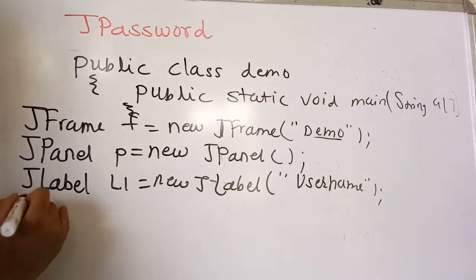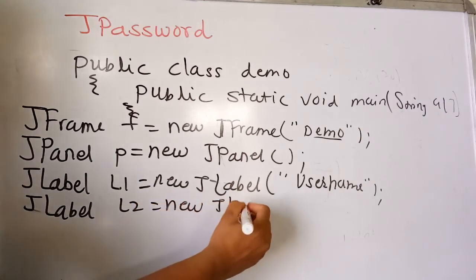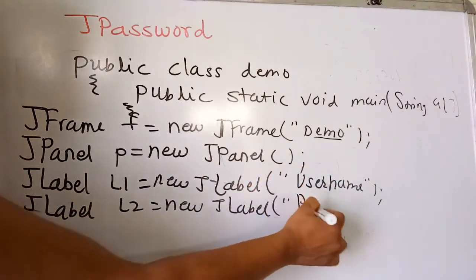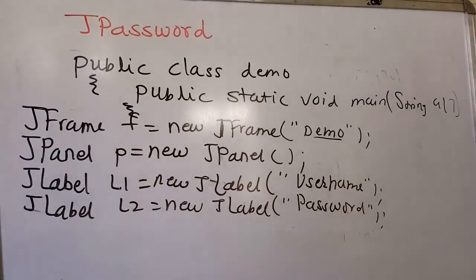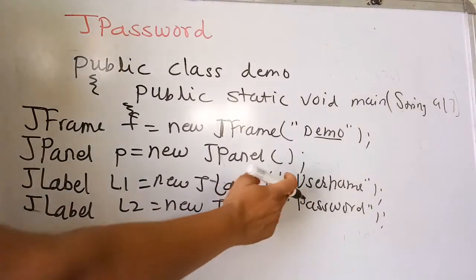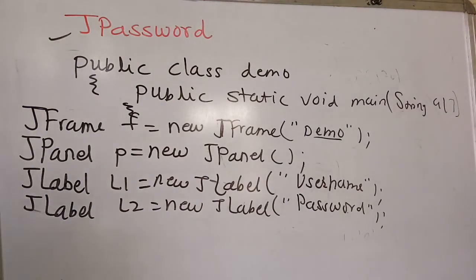You have to take another label, JLabel type L2 equals new JLabel, and since after the username you have to ask for the password, the label is password. Next, you have to take two text fields, one for entering the username and second for the password. But password is not a plain text field. You have to use the JPasswordField because it will be in a coded format.